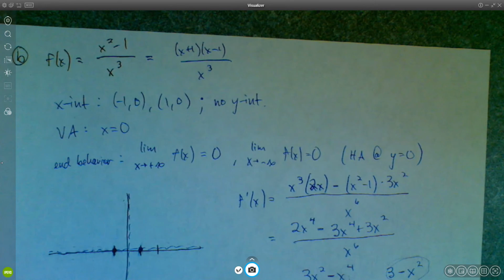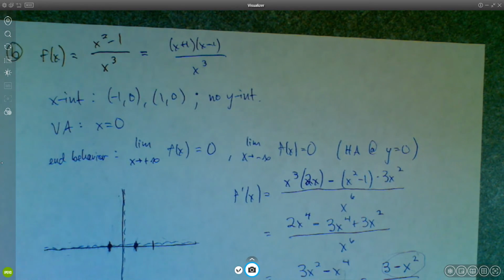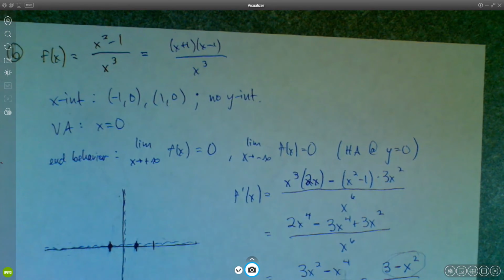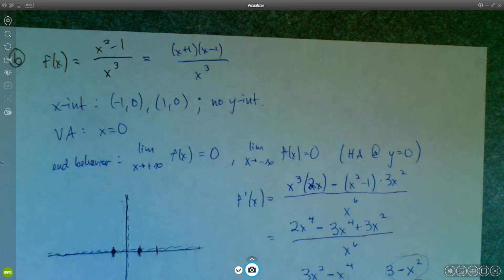So it's going to be 2 over root 3 cubed, and square root of 3 is 1.7, so 2 over square root of 3 cubed is about 0.4.